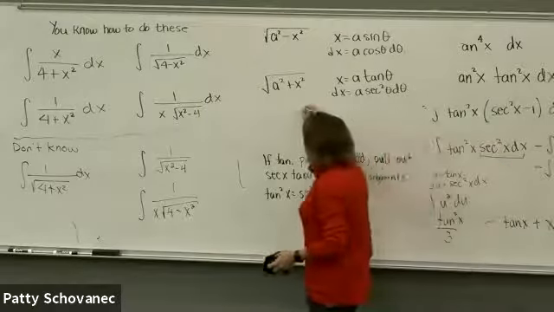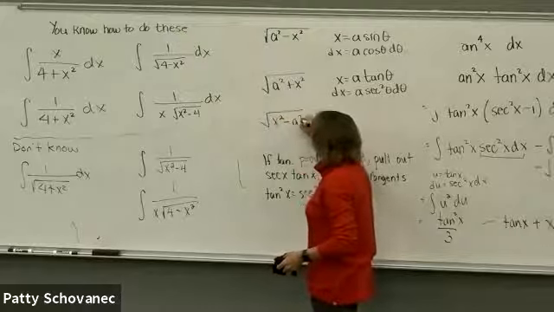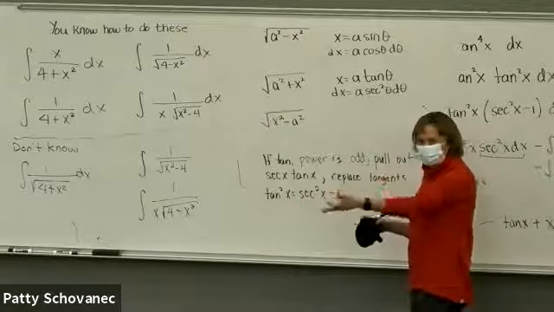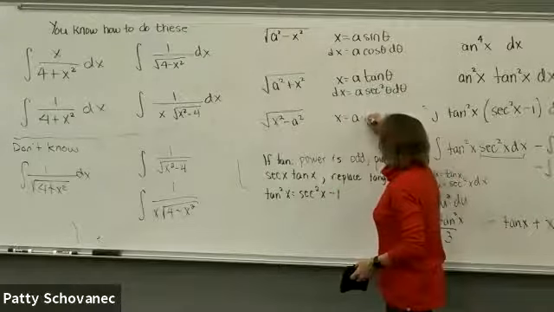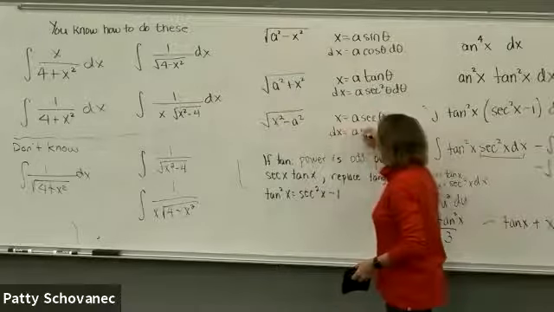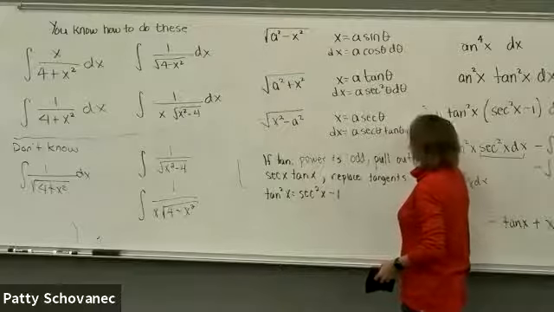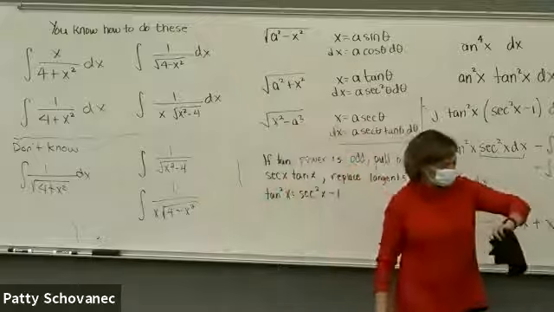And then if my variable was in front of the minus sign, then I go with the secant, because I know secant squared minus 1 is a tangent squared. So here I would take x to be a secant of theta, and then dx is a secant theta tan theta d theta. Then we can do every one of those integrals.